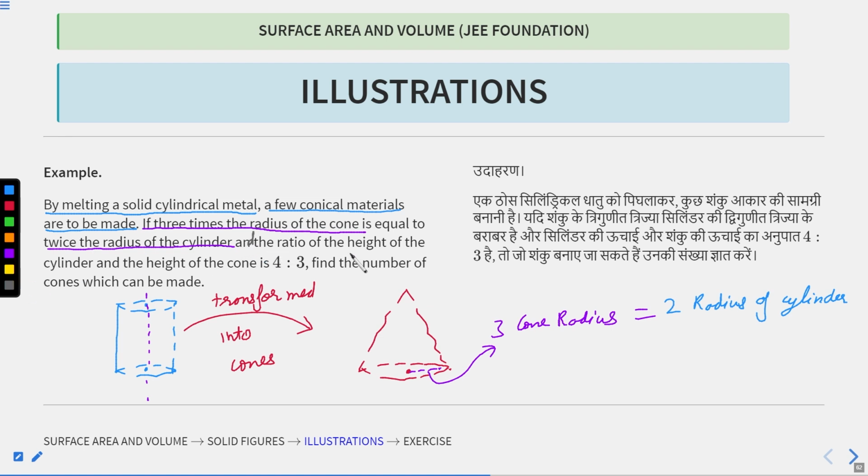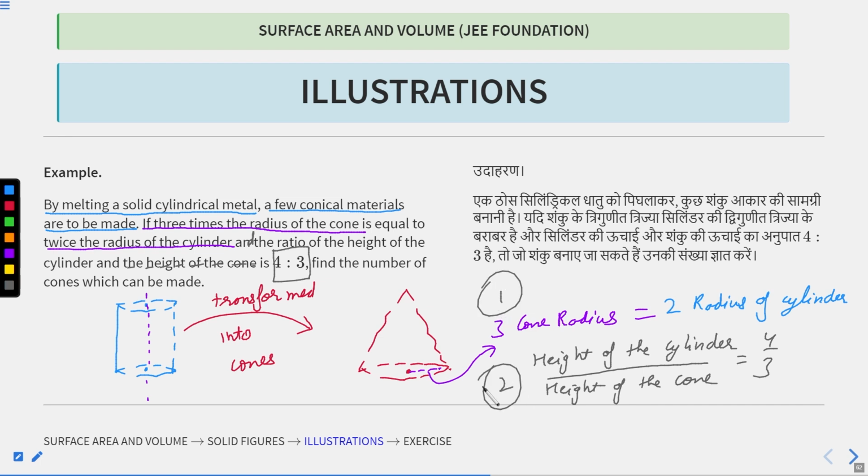And the ratio of the height of the cylinder to the height of the cone is 4:3, or just write it as 4/3. So we are given two pieces of information: first one is this, second one is this.